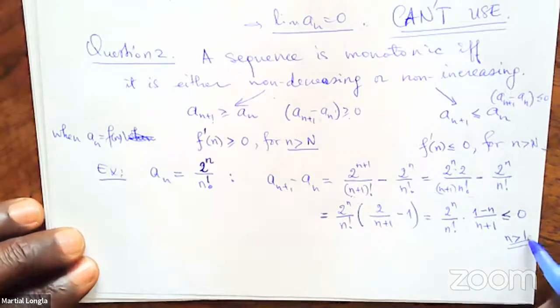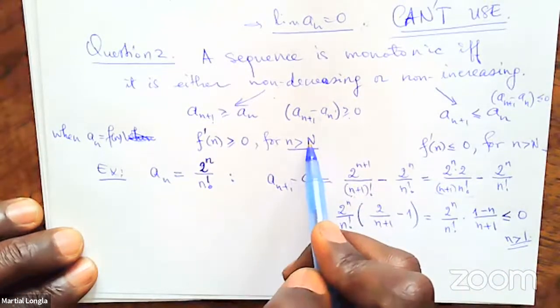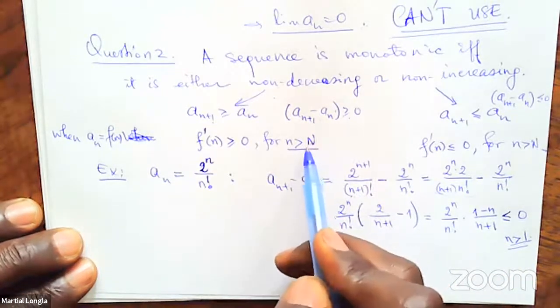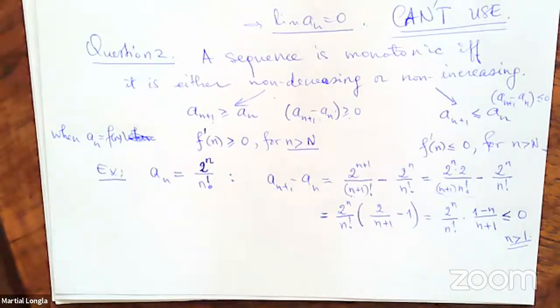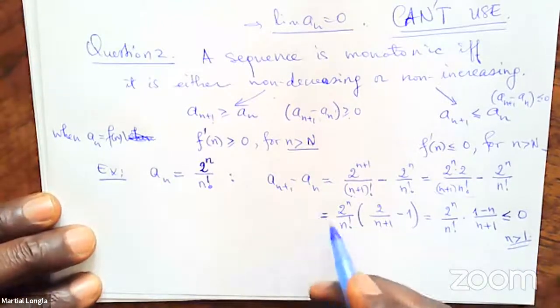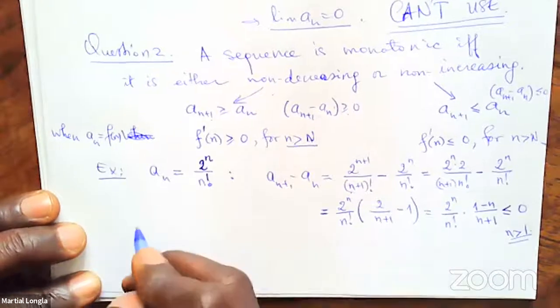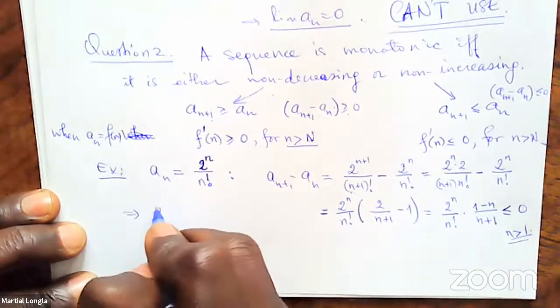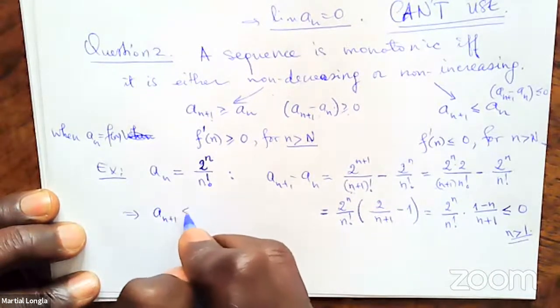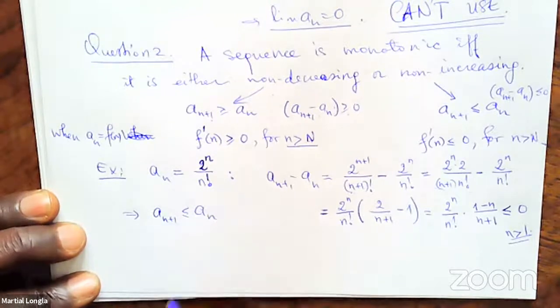And this 1 is the capital N that you have here. So as soon as n is larger than 1, the difference is negative. And because that difference is negative, that means a_{n+1} is less than or equal to a_n.